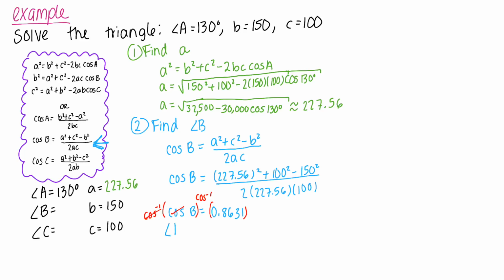So angle B is equal to cosine inverse of 0.8631, which is approximately 30.33 degrees.